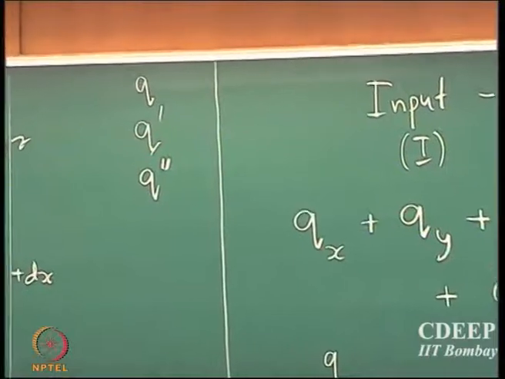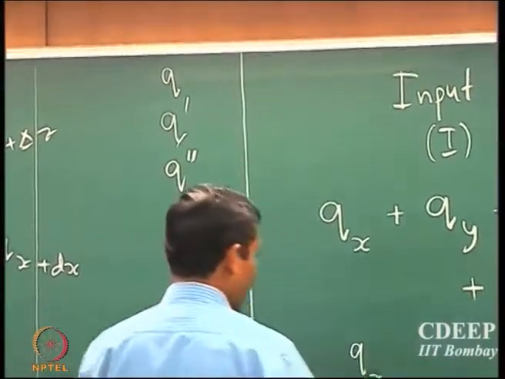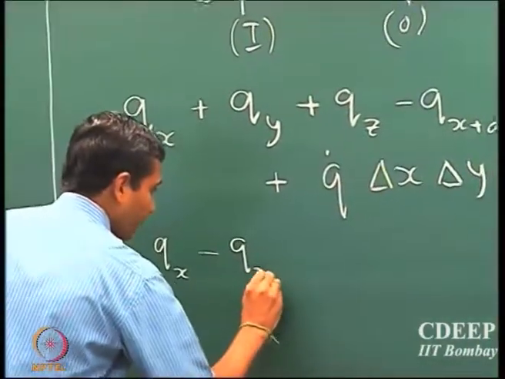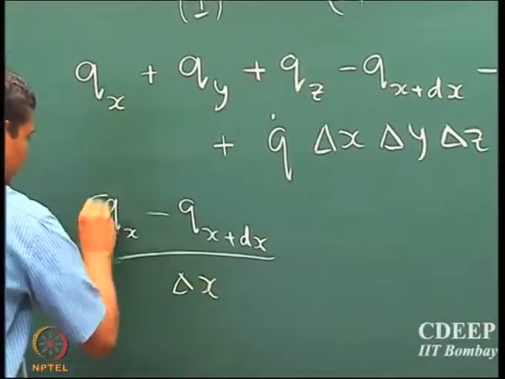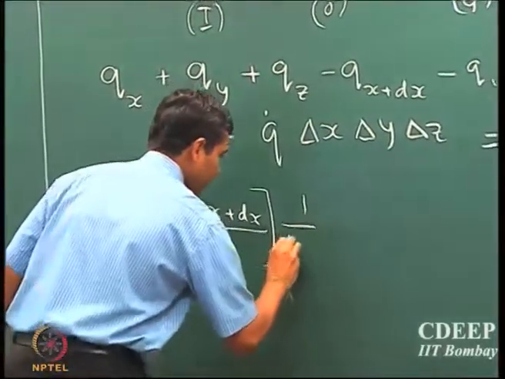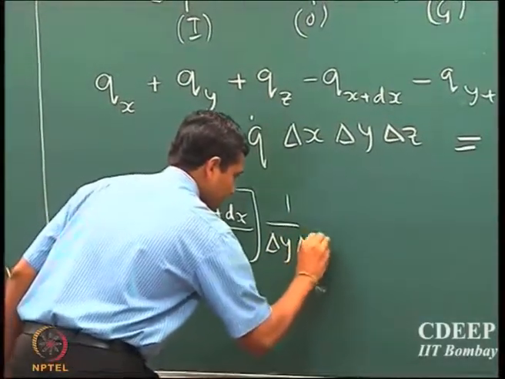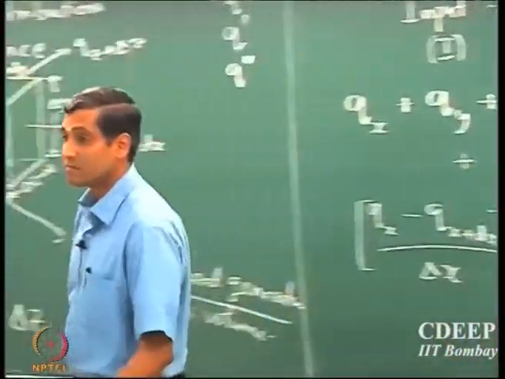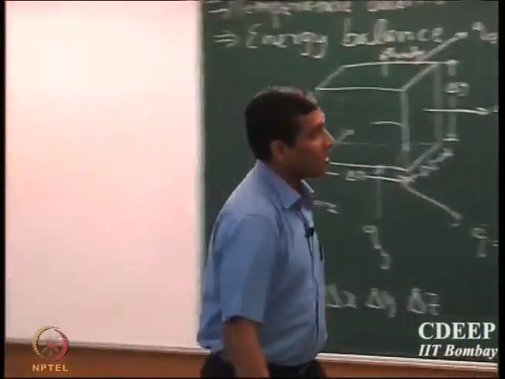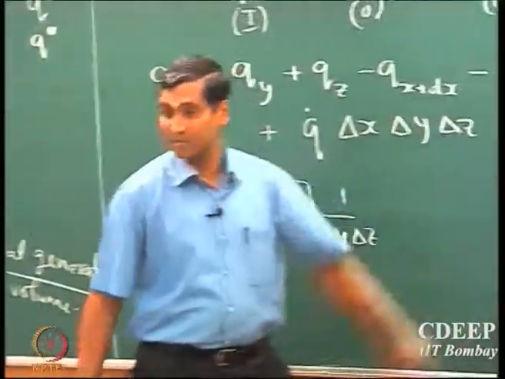Alright, so now I divide the equation by, so Qx plus dx divided by delta x into 1 by, excuse me, joule per kilogram Kelvin, and rho is kg per meter cube.